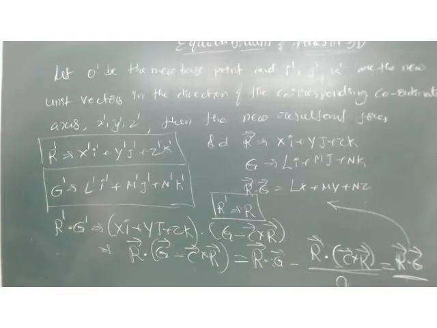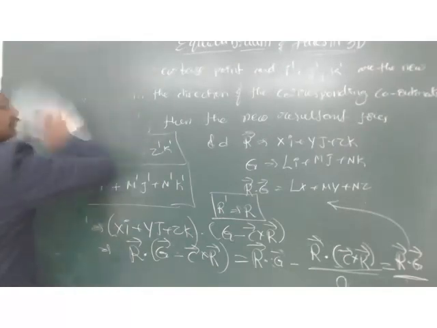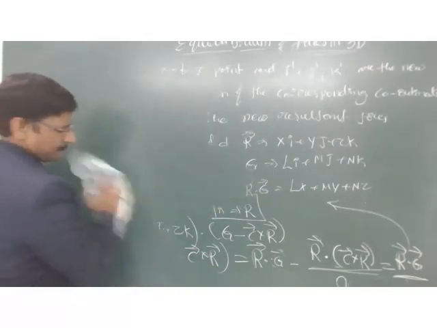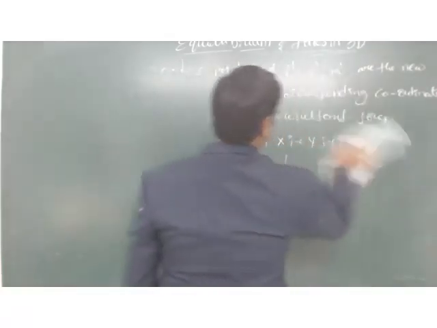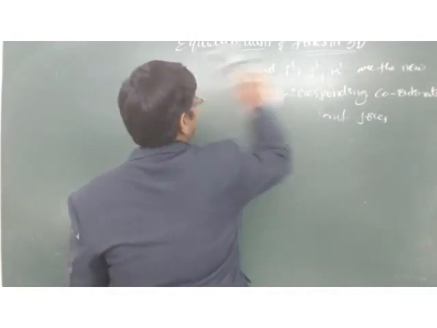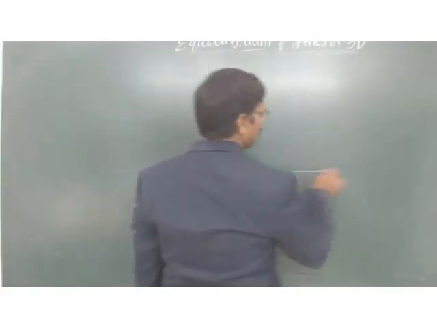Okay. So let me give you clarity on the scalar triple product. Let us consider three different vectors.